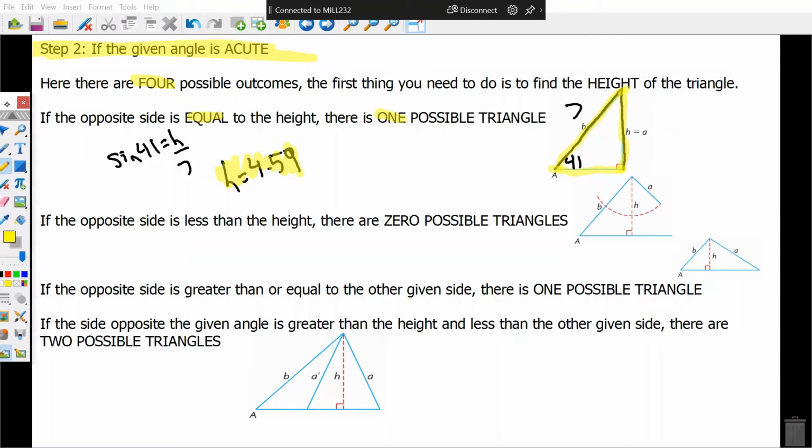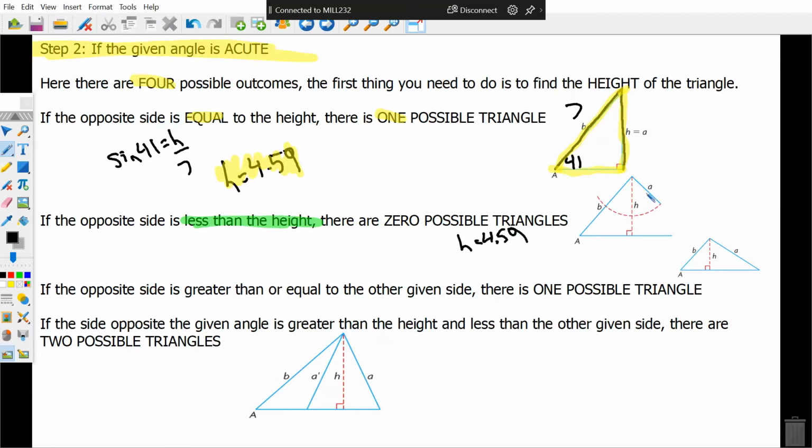Step 2, if the opposite side is less than the height, there are 0 possible triangles. So if we said that our height was 4.59, and here they gave us that A was 3, that means that there are 0 possible triangles because A is less than the height.